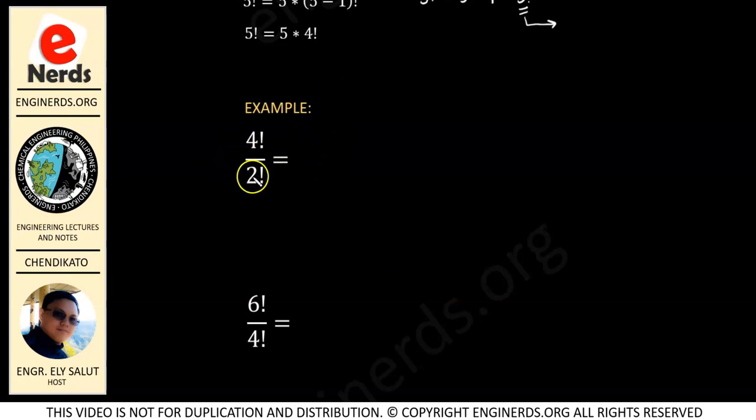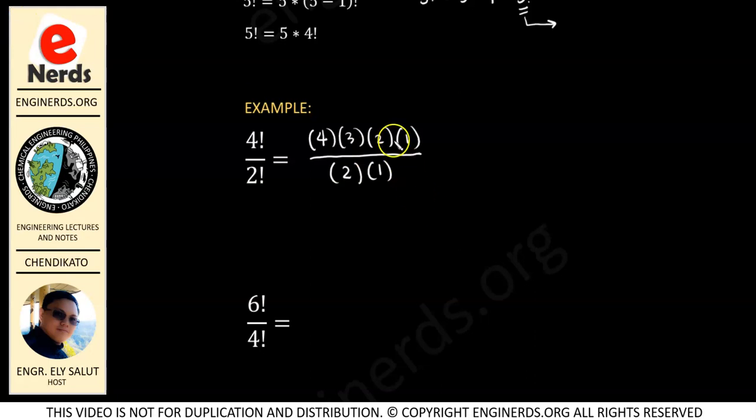So, basically, 4 factorial is equal to 4 times 3 times 2 times 1, di ba? And divided by our 2 factorial, which is 2 times 1. So, as you can see, we have 2 and 1 in our numerator and 2 and 1 in our denominator.